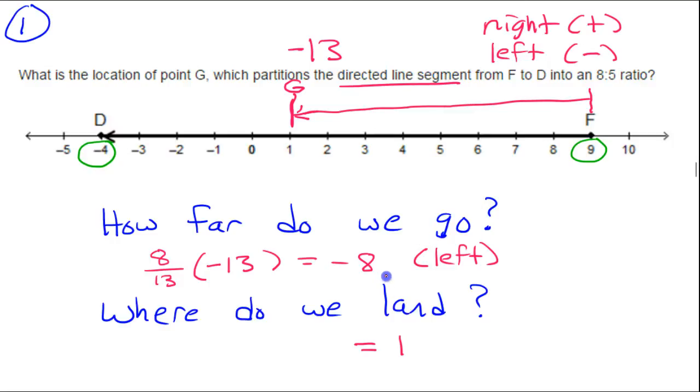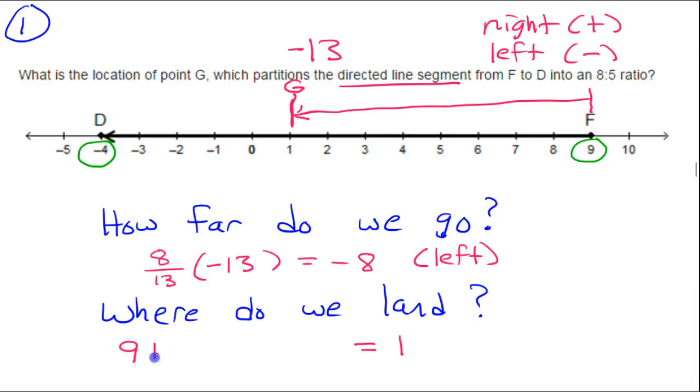Well, all we have to do is take our starting point and add our motion. All right, we just figured out that we're going to move negative 8. So if I start with my 9, which is my starting point, I'm going from F to D, so of course 9 is my starting point.